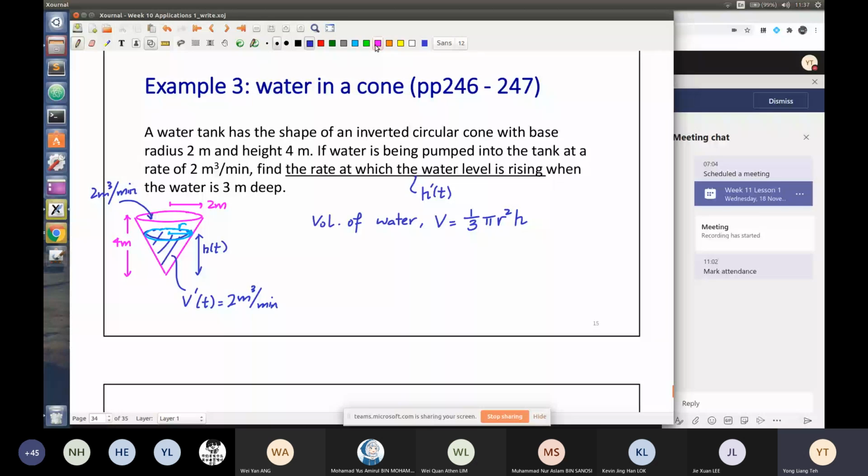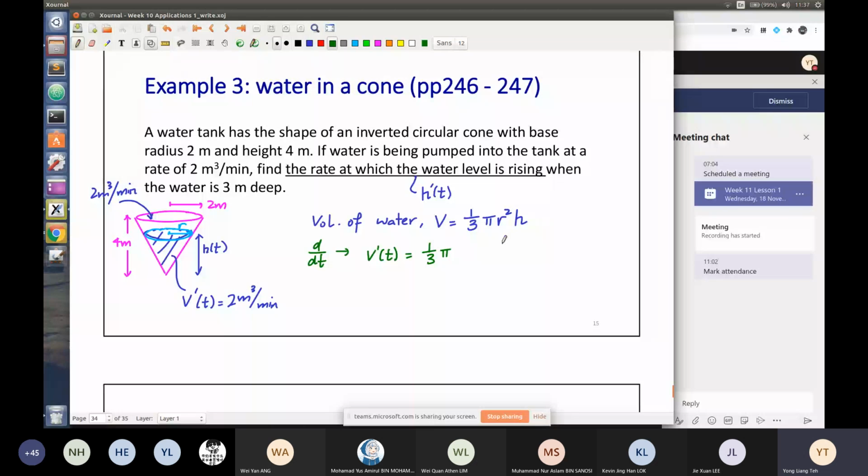We differentiate, d dt. So d dt of this equation is going to give us v prime t equivalent to 1/3 pi, where pi is a constant, times r square h. In fact, there are two ways that you can deal with this.